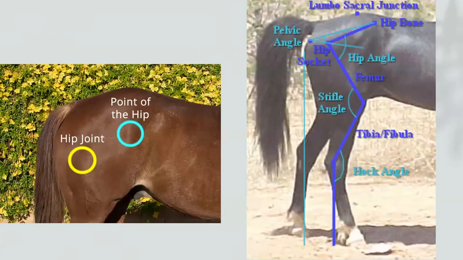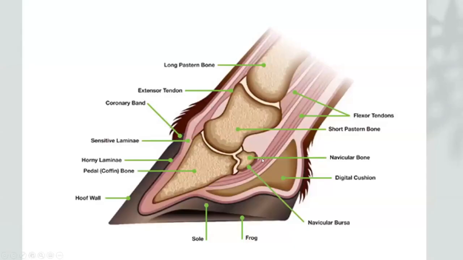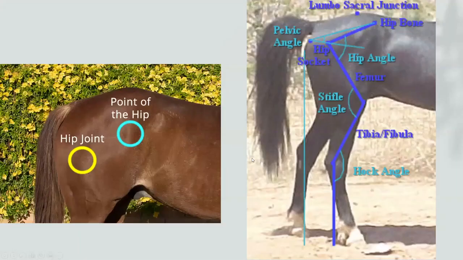But it's always helpful to get the skin and muscle covering back on there so we can see what we're looking at. And the point of the buttock that I pointed out is going to be back here. Again, you can feel that on a skinny horse. On not necessarily a fat horse, you can even feel that bone.